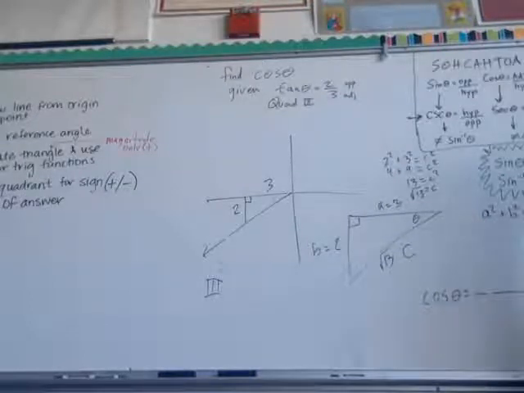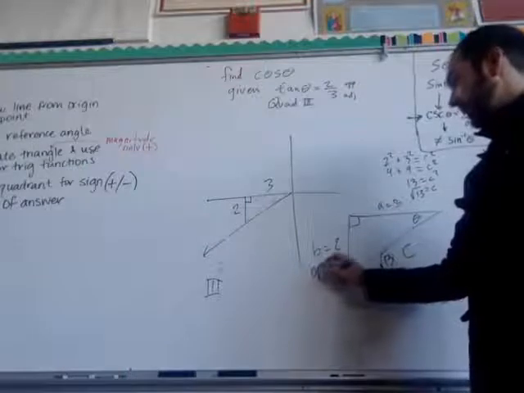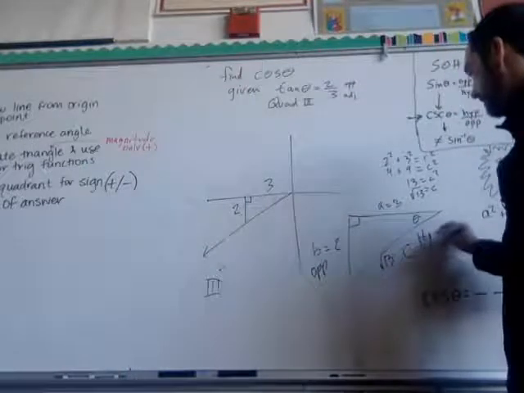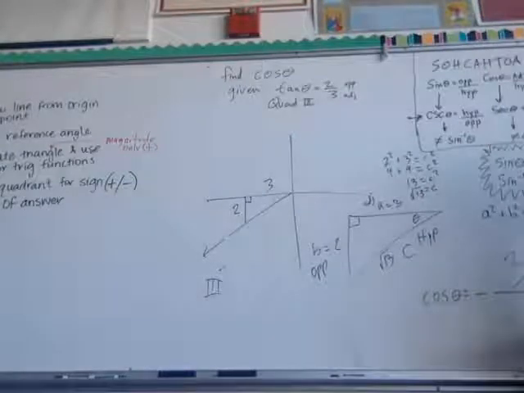What's my adjacent side? First, it's easiest to see. The opposite is across. This is always our height. So that has to be the adjacent. Got it, okay.